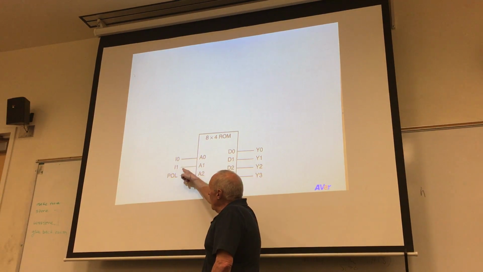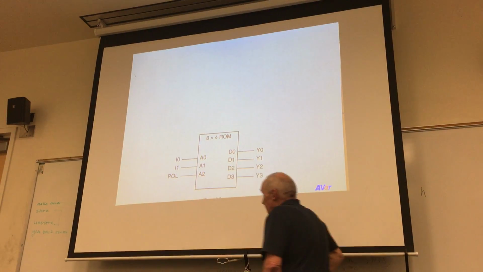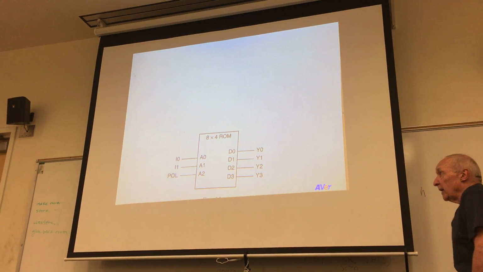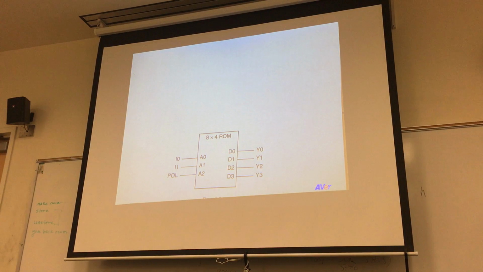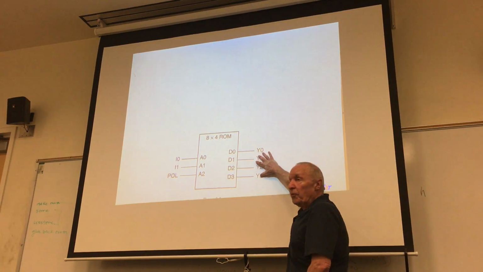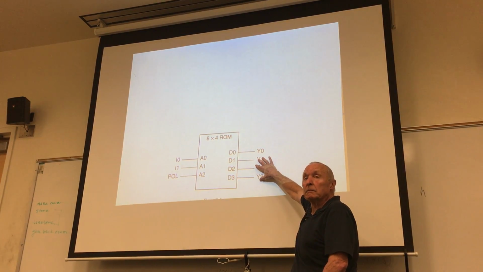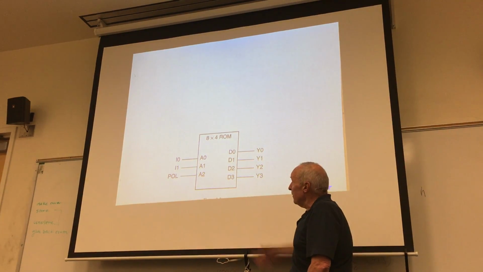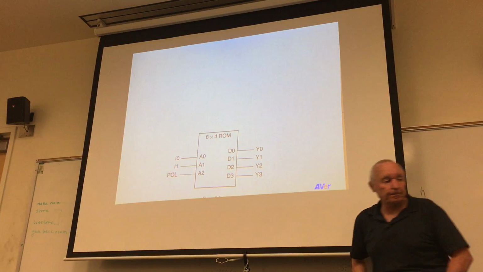The inputs I0, I1, and polarity would go into address lines of the memory chip, which would then access a particular memory location. And the data I store in that memory location is what 4-bit output I want for that given input condition.